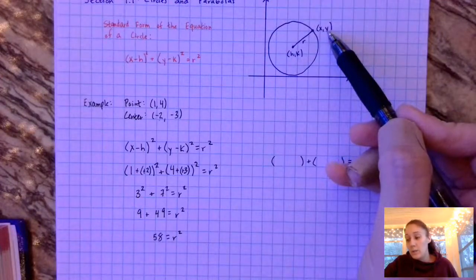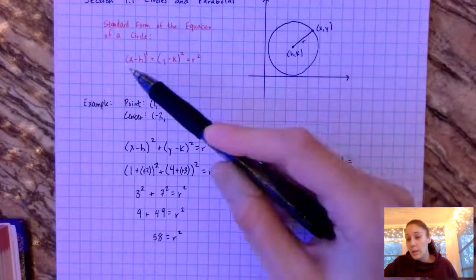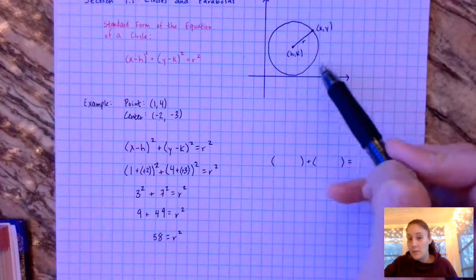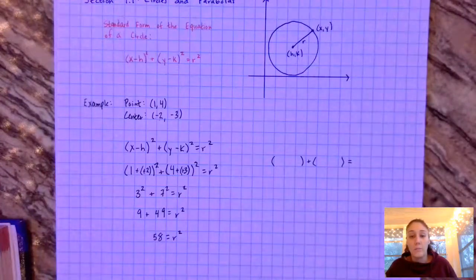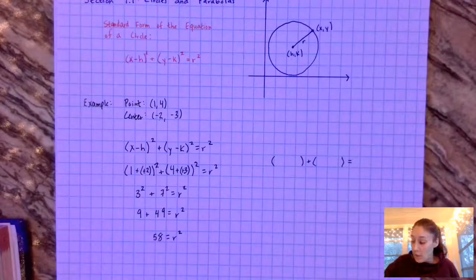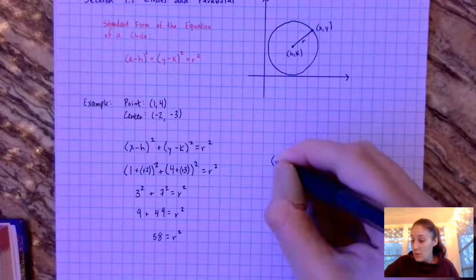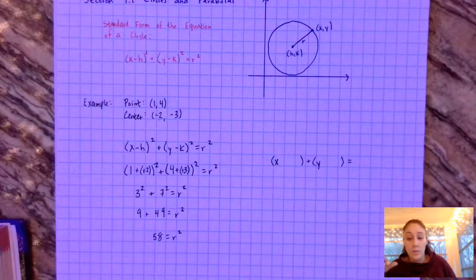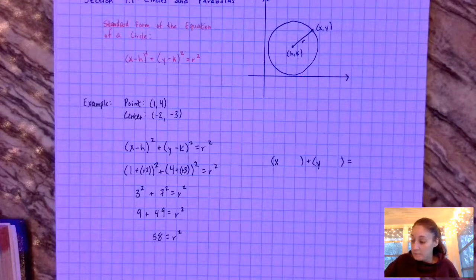What I want to do is write an equation where I could find any of the infinite points on the circle. So I want to leave x and y just as x and y, even though I know one of the x's and one of the y's. I don't want to be specific, I want to be general in my answer. I want to cover all the possible answers.